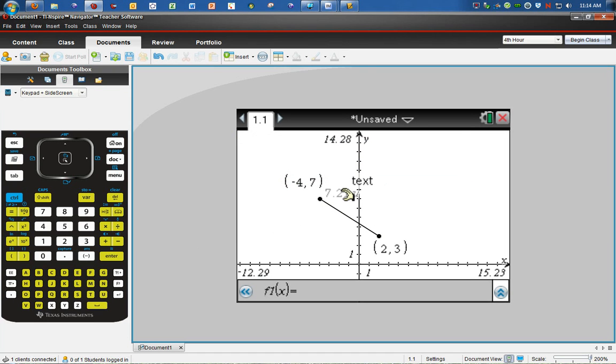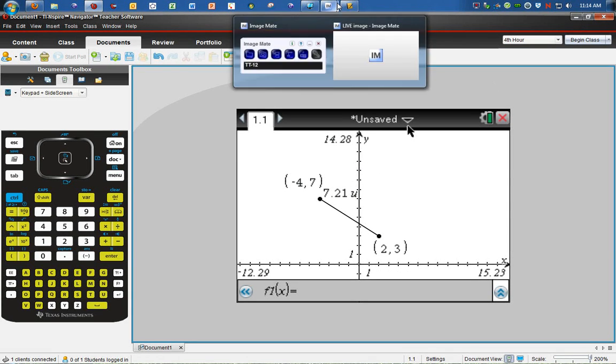But what we know is that we have this crazy formula called the distance formula.